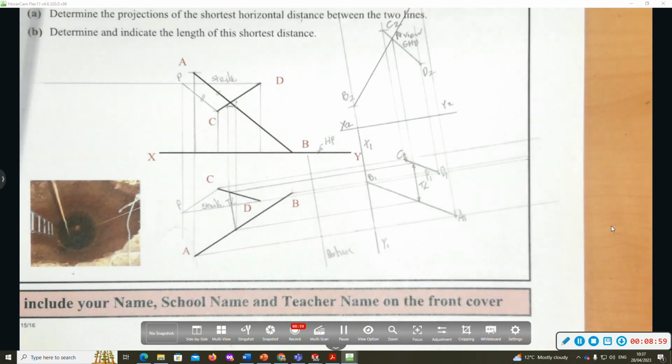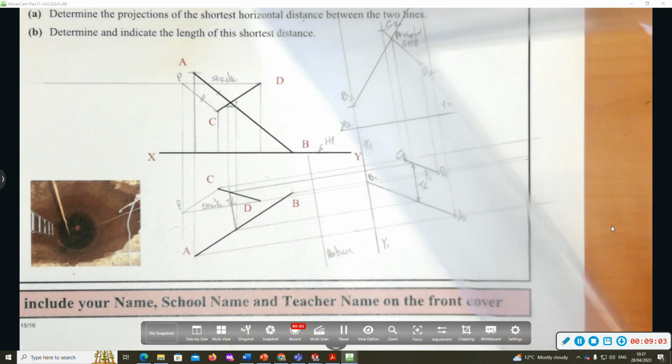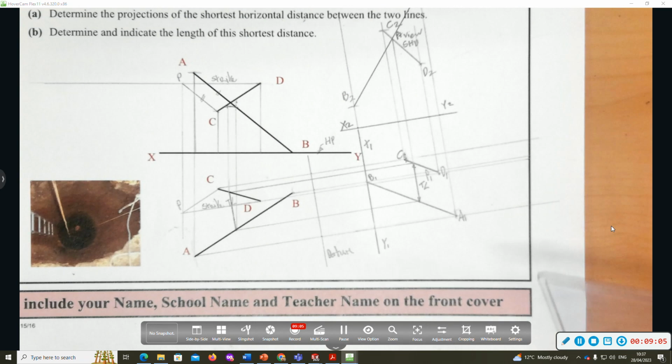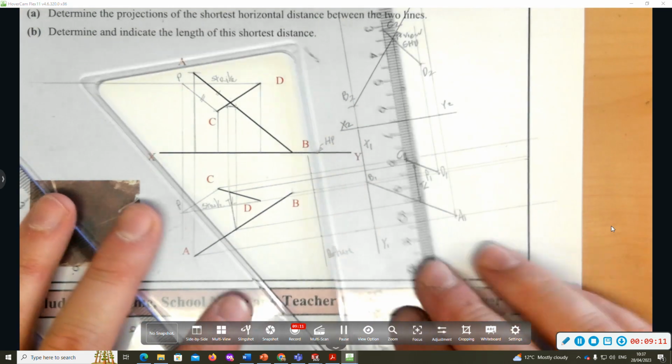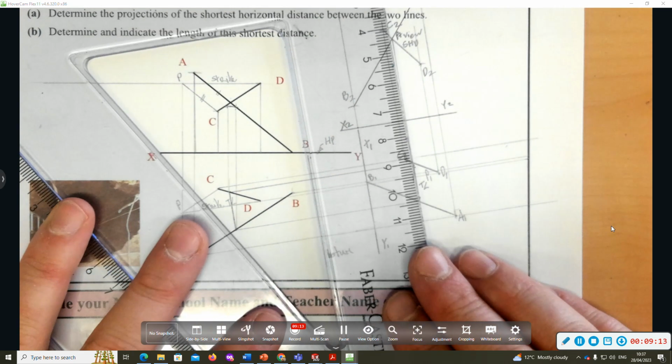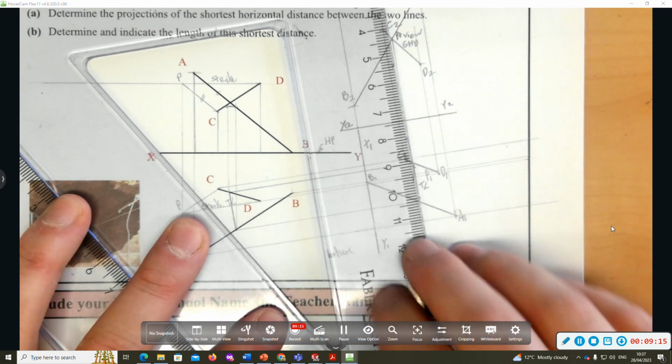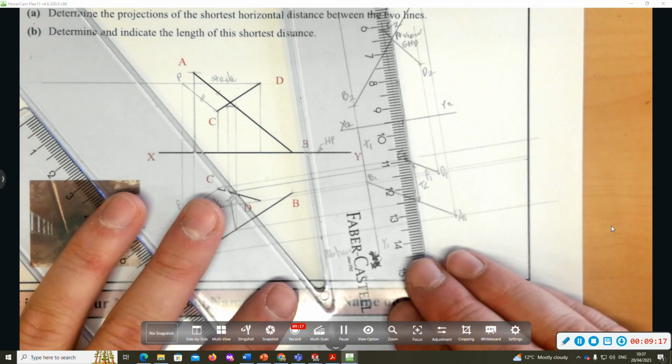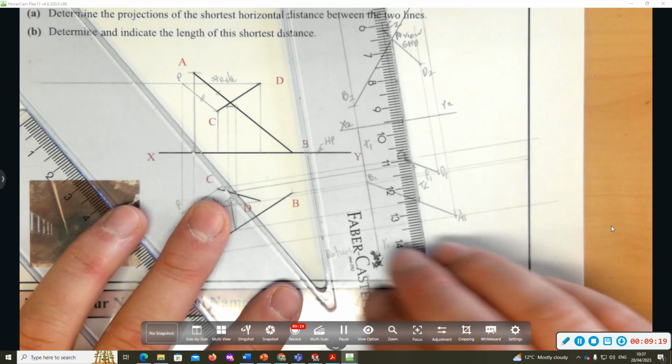And the true length: it says determine and indicate this distance. So if you don't write it, you're going to lose marks. So our distance there is going to be 14 millimeters.